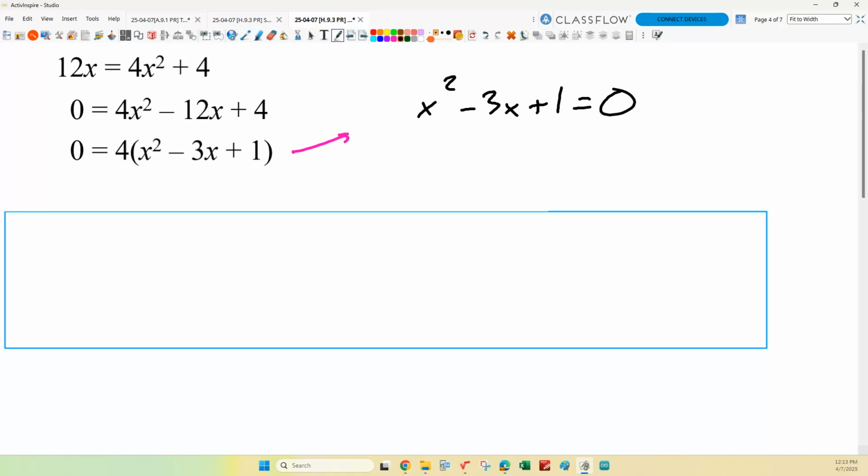No, so we can't factor. Do I want to use completing the square? Probably not, right? Because A is 1, okay, good, but B is not even. It's odd, so I don't want to use completing the square. So what's left? Yeah, quadratic formula, right? We would just jump right to quadratic formula with this guy.